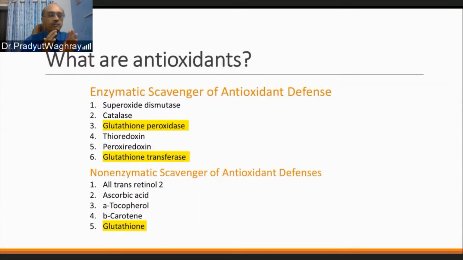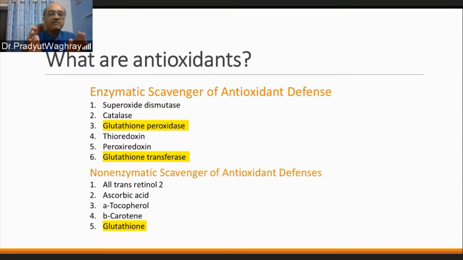Once we have talked about oxidants, let us now talk about antioxidants, which impair the harmful effects of the oxidants. Antioxidants can be divided into enzymatic scavengers and non-enzymatic scavengers.